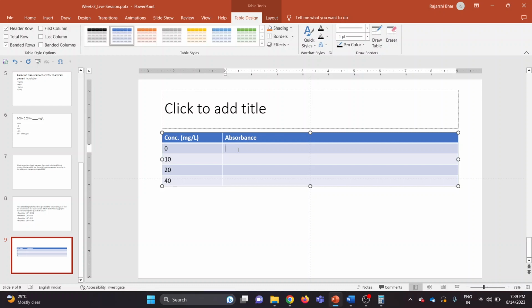These are the absorbances, and we do that at a certain wavelength. The first absorbance is 0.006.